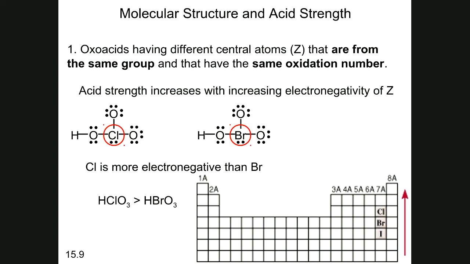If you have the oxy acid from the same group, the higher the electronegativity, the stronger the acid is going to be. This is for the oxy acid.